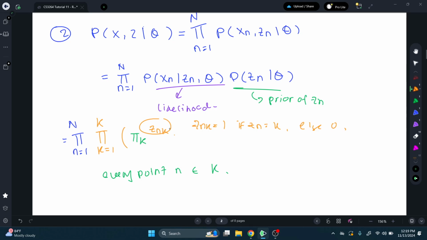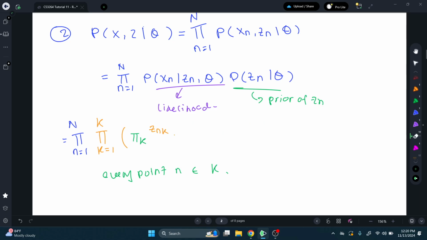So the moment that this is 0, everything will be a multiplication by 1, so it doesn't matter. This entire product over k is essentially for me to only obtain the pi k as well as the likelihood for that data point assigned to k, instead of against everything. If it helps, you can rename the outer k to another variable. That will be easier also.